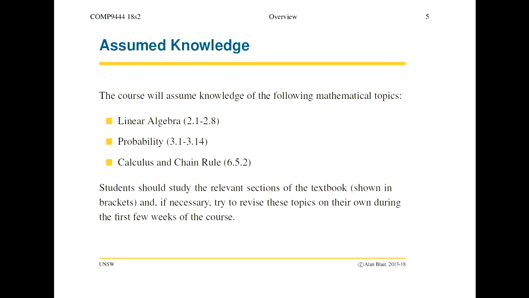Definitely should all have done calculus and the chain rule. The probability here, but maybe you need a little bit more linear algebra than what was done before. So just have a look at these sections of the textbook. We will try to revise these a little bit along the way as we go. But it's probably a good idea within the first few weeks to try to brush up on this material if you're a bit unfamiliar with it.